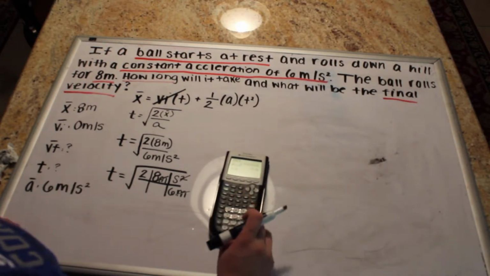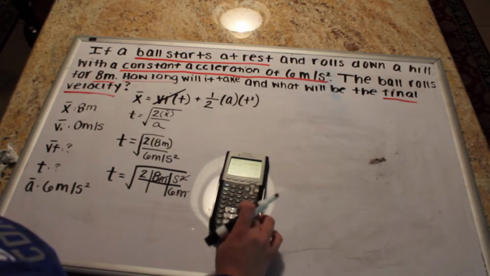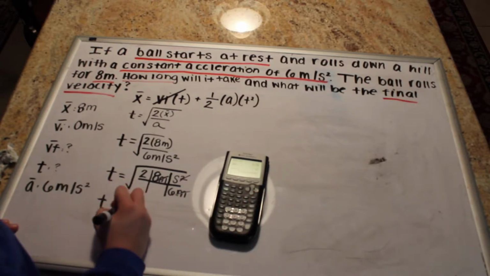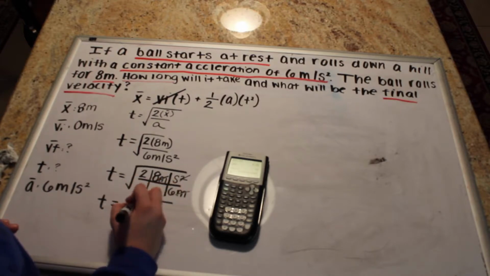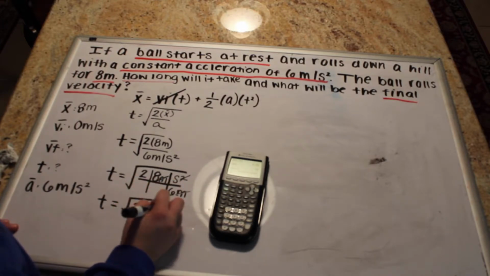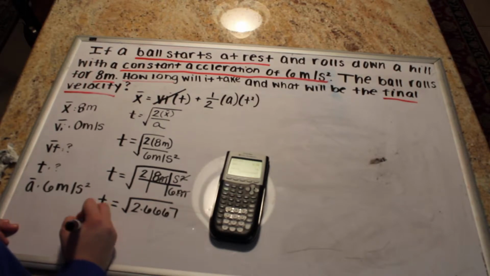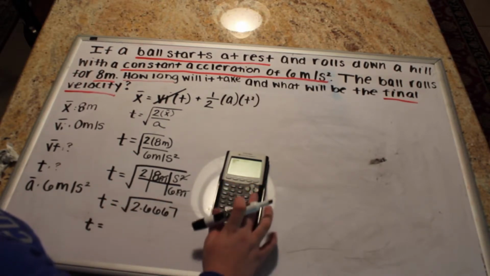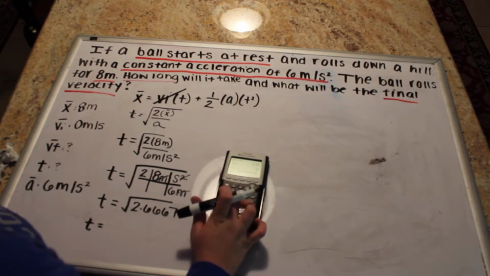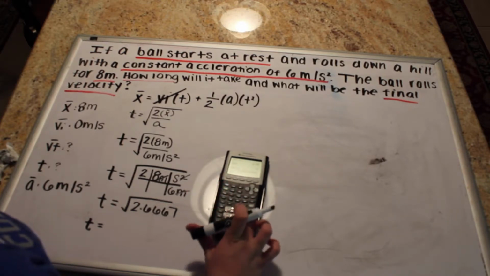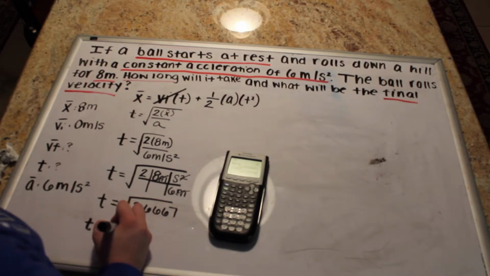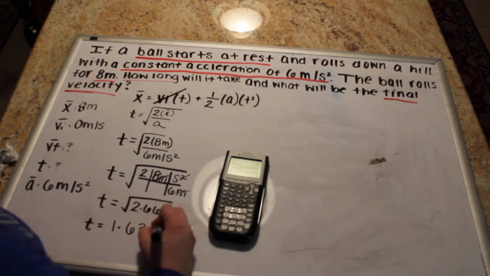Plugging into my calculator, 16 divided by 6, I get 2.667. Take the square root, and it equals 1.63 seconds.